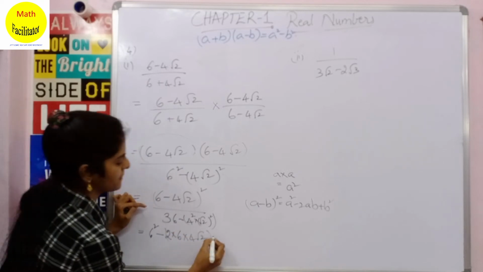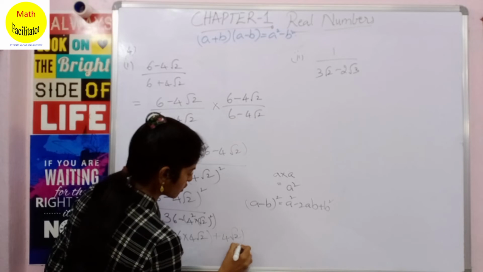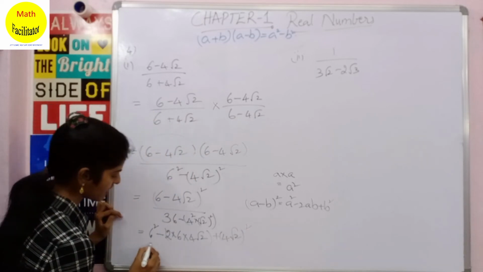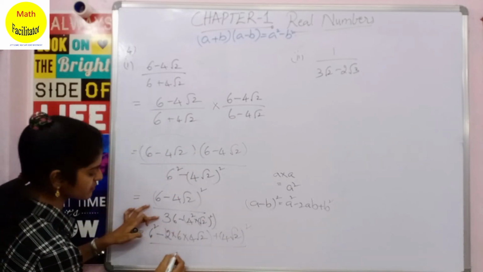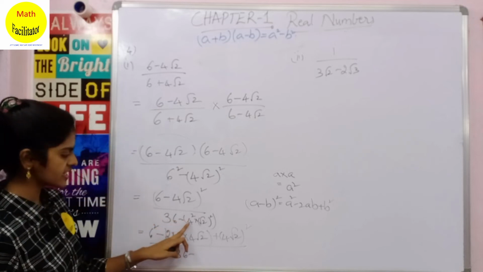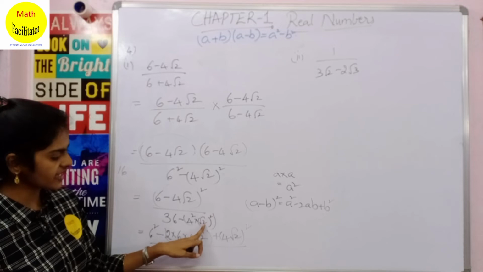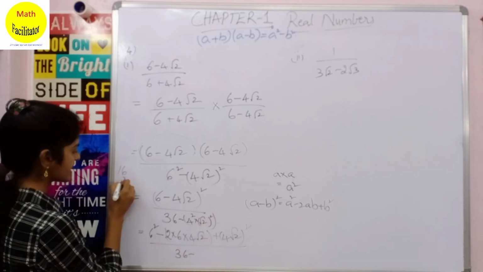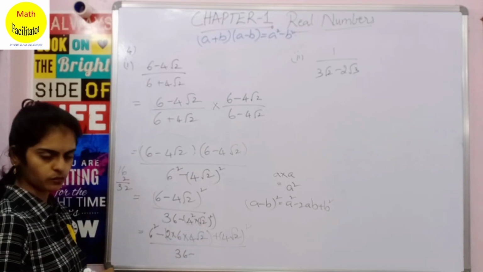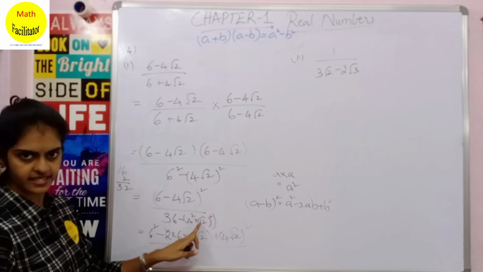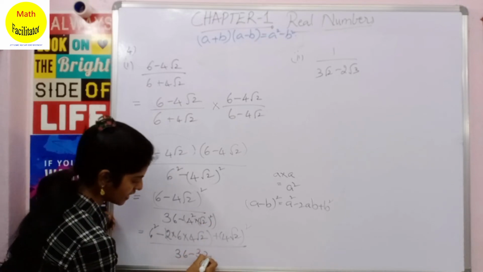Plus b square is 4 root 2 whole square, divided by, you have 36 minus, now this is 4 square, which is 16, and root 2 whole square is 2. So 16 into 2 is what? It is 32. Clear? I have simplified this. So it is 32.